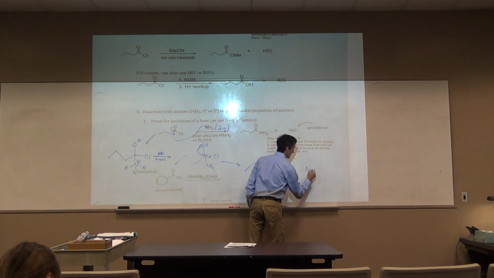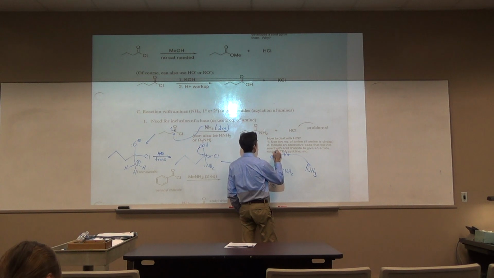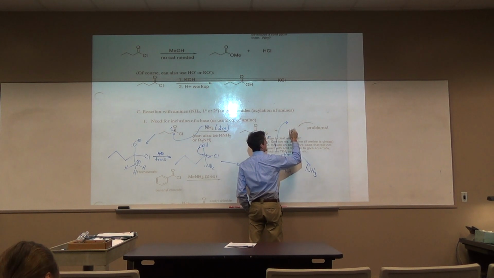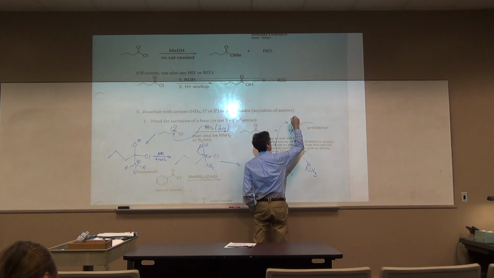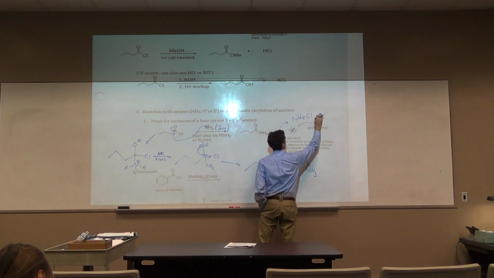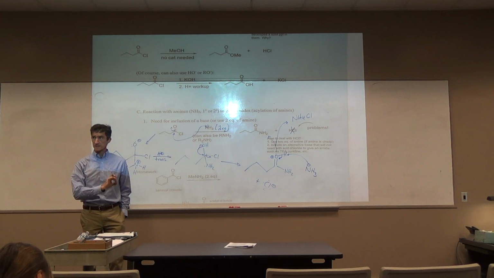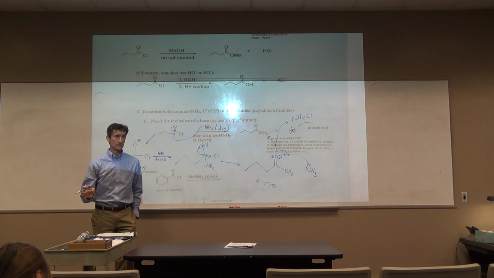The next equivalent of ammonia takes the H, and we get product plus what? Not HCl, but ammonium chloride. And when I draw that, hopefully you know it's NH4 plus Cl minus.